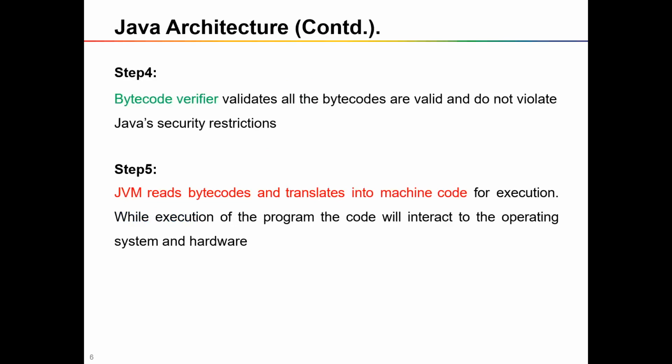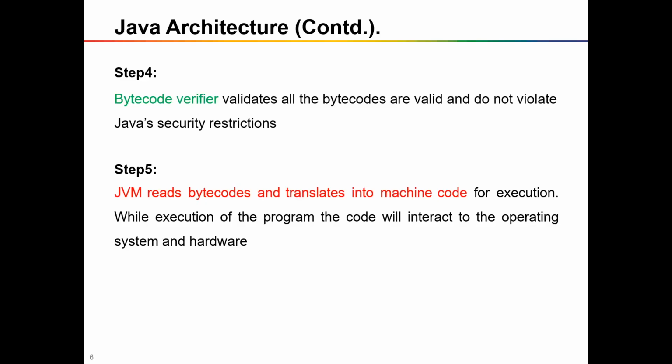Then the bytecode verifier checks all the bytecodes to see whether they follow the Java security restrictions. Suppose the bytecode is modified, then the bytecode verifier does not allow the bytecode to run on our machine. This is how Java ensures the security of the bytecodes.